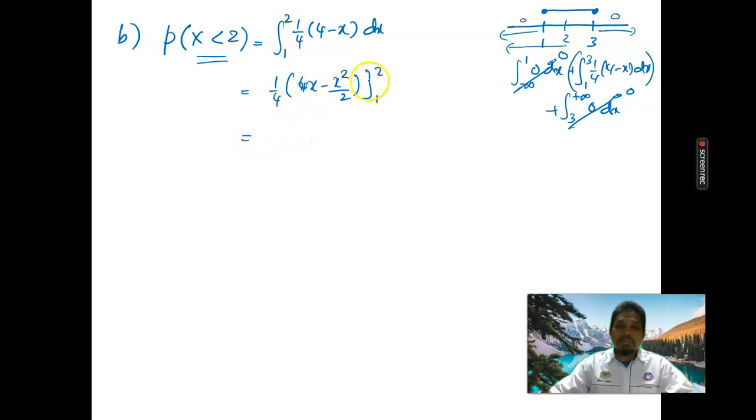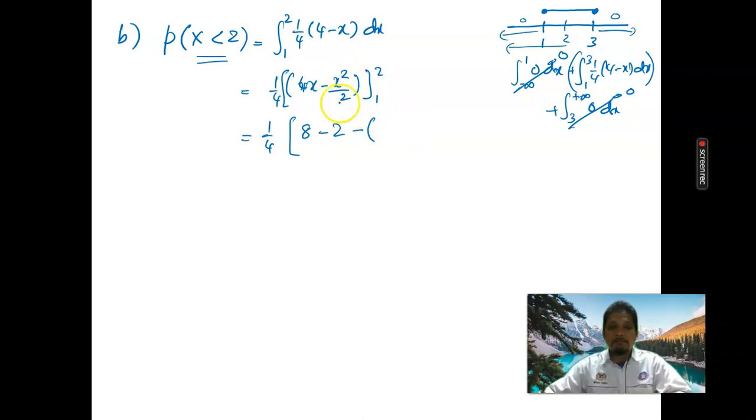Okay, so substitute x with 2 first. 1 over 4, substitute x with 2: 4 times 2 equal to 8 minus 2 squared equal to 4, 4 divided by 2 equal to 2, minus, so we substitute x with 1 now: 4 times 1 equal to 4, and 1 squared is 1 over 2.